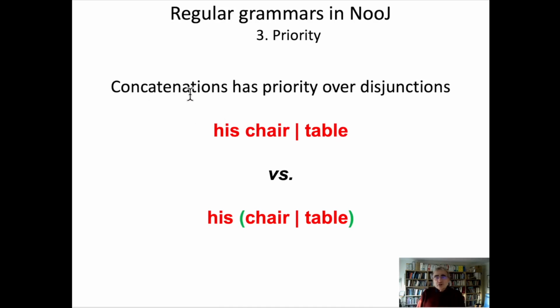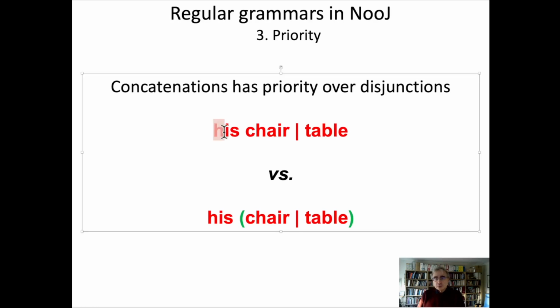Well, concatenation has priority over disjunction, which means that Nooj will look for all the occurrences of the sequence his chair, and then it will look for all the occurrences of the word table. So this is different from this. Here, Nooj will look for all the occurrences of his followed by chair or table.